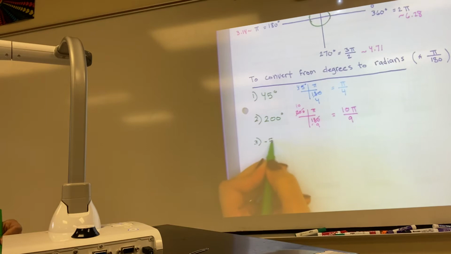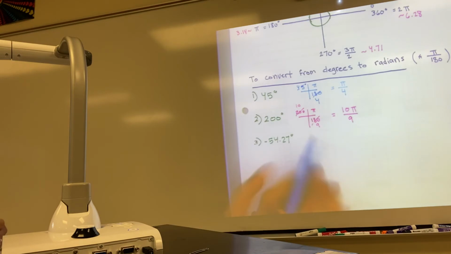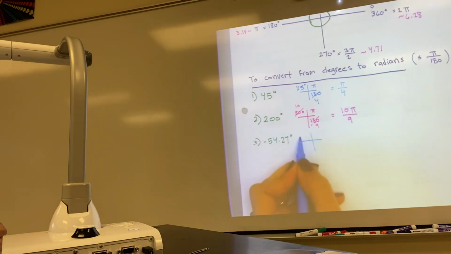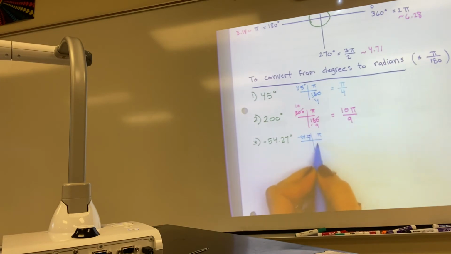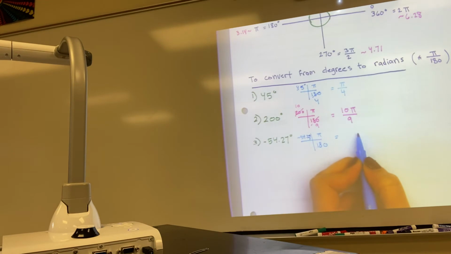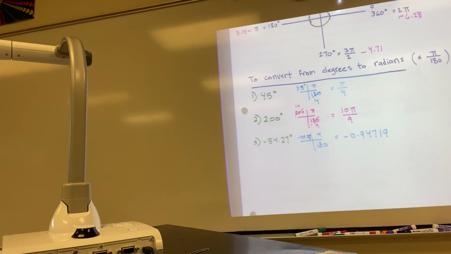It's negative 54.27 degrees. Again, multiply by pi over 180, and using your calculator, you will get negative 0.94719.